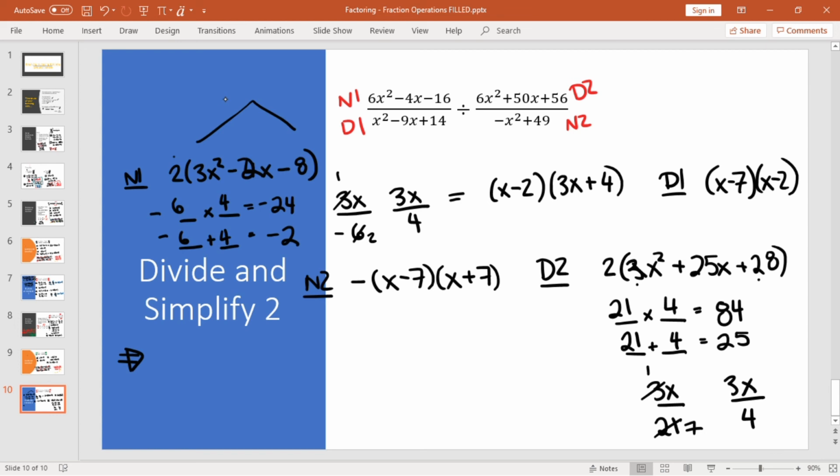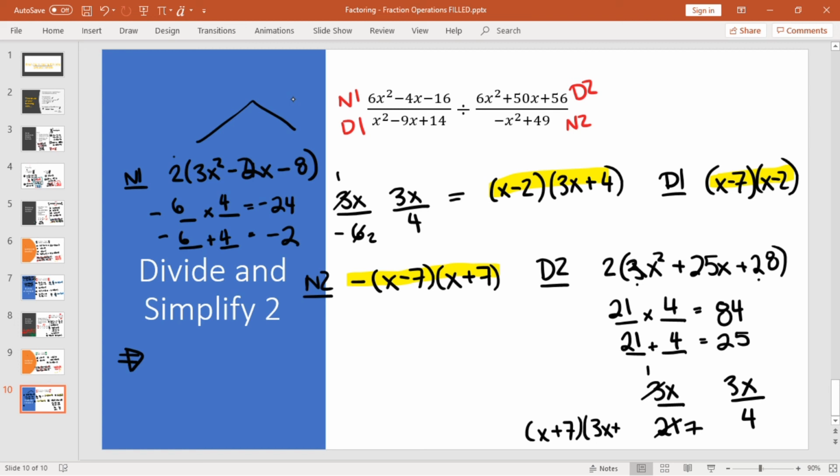I'm going to build everything to start right here. So N1. I'm going to highlight all my things so I don't lose them. I didn't even finish D2. Better write that down. So for finished product on D2, which now is not going to be highlighted, x plus 7, 3x plus 4. All right, let's see if I find everything.